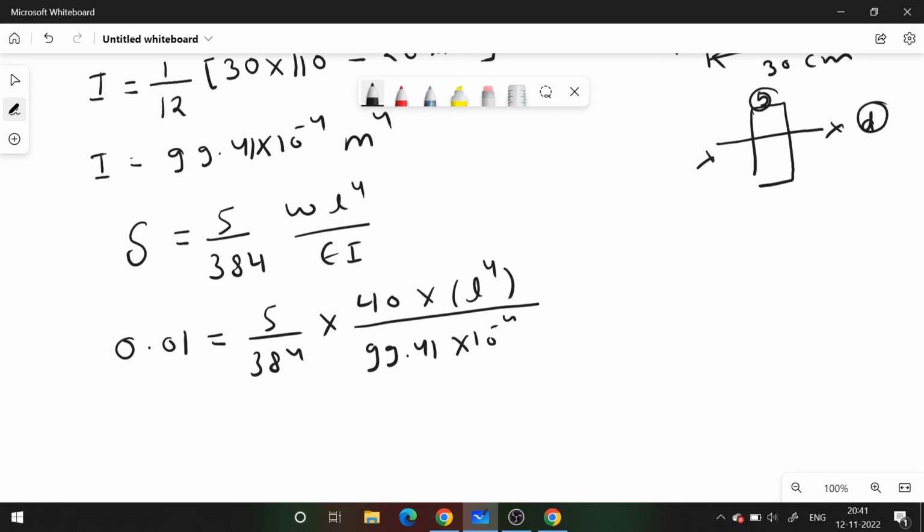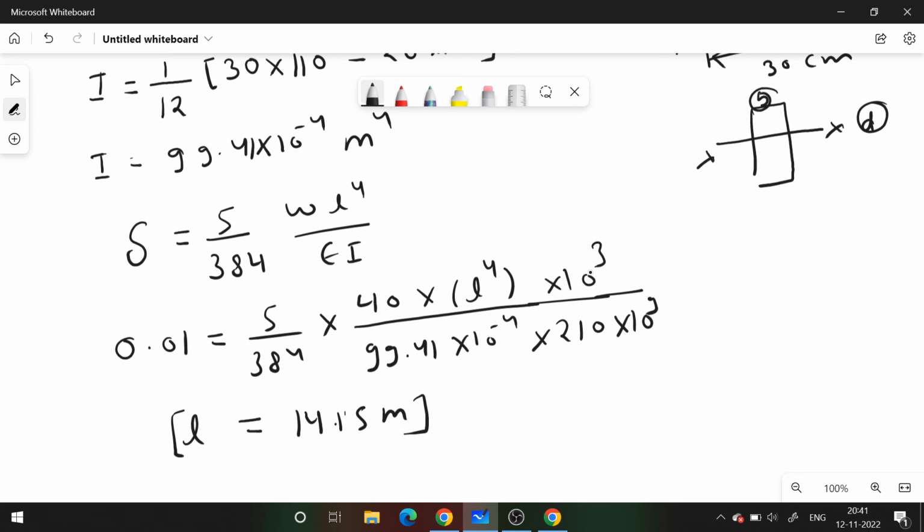Modulus of elasticity is 210 giganewton per meter square, that is 210 into 10 to the power 9. Now calculating, L will be equal to 14.15 meter.